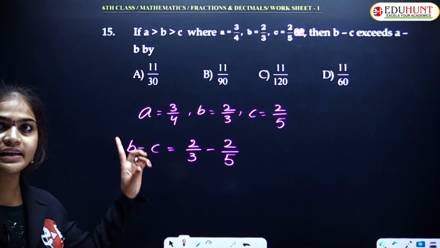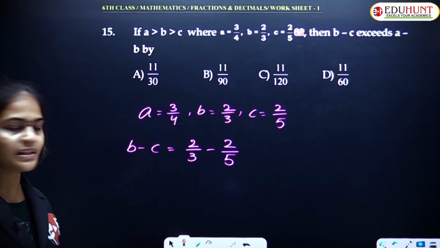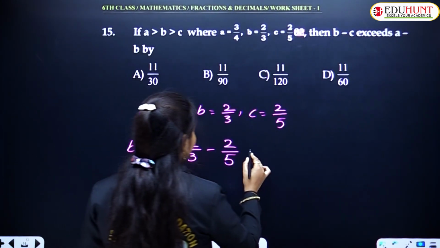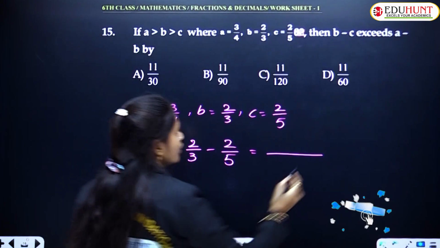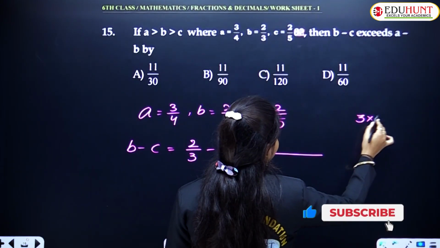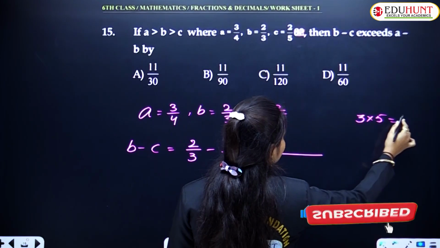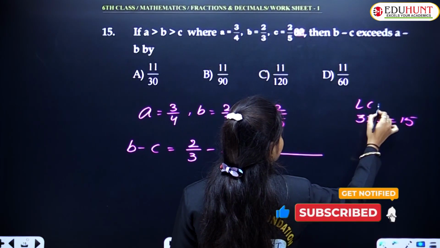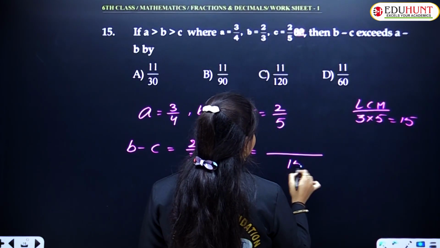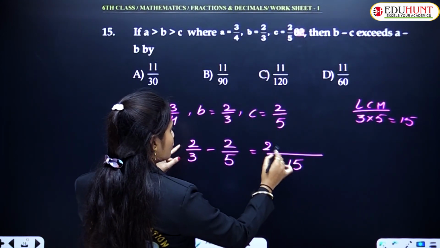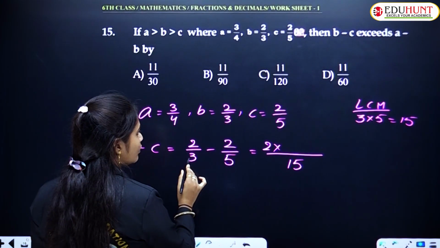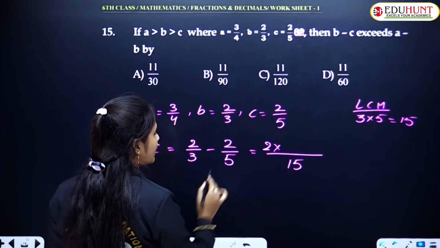See, we know strongly that 6 into 10 power 23 particles is 1 mole. If 6 into 10 power 23 is 1 mole, then the given number means how many moles?